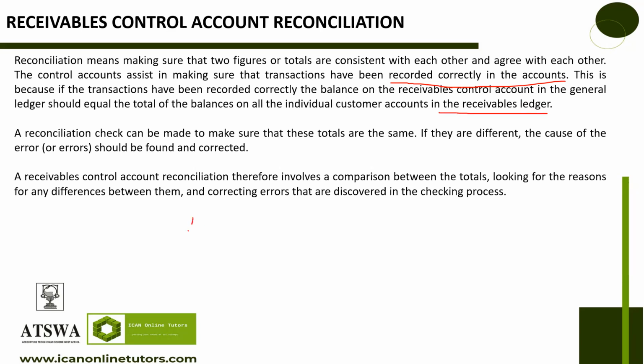So you have receivable A, receivable B, receivable C. This one owes 10,000. This one owes 5,000. That's how much he's owing us.